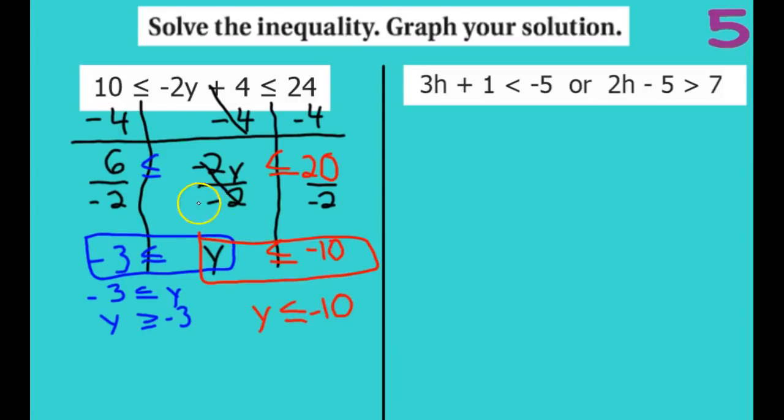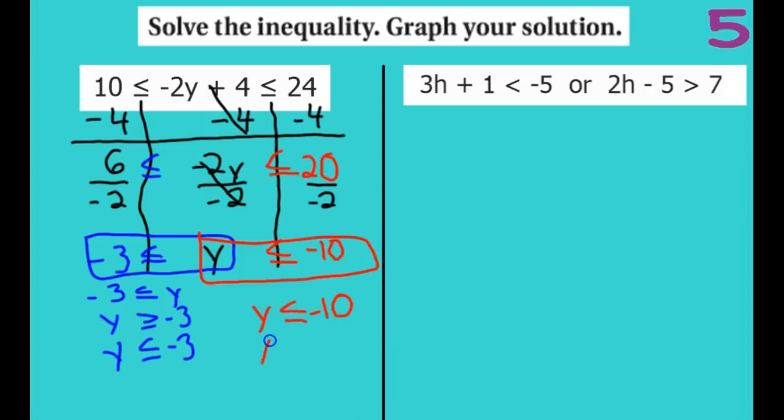Now if you notice up here, we divided something by a negative number. So negative 2, we divided both sides. So what that means is we need to take our signs and we need to flip them. So one last time we need to flip this. Y is now going to be less than or equal to negative 3.